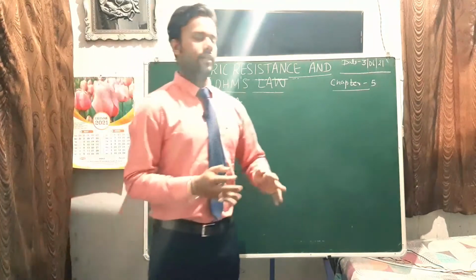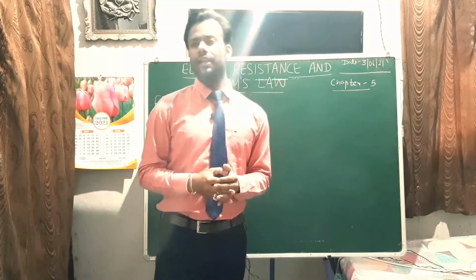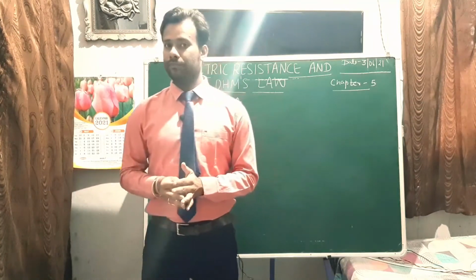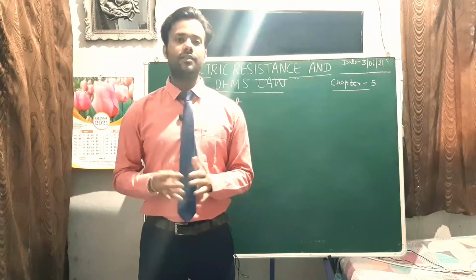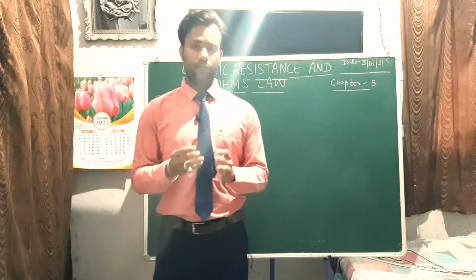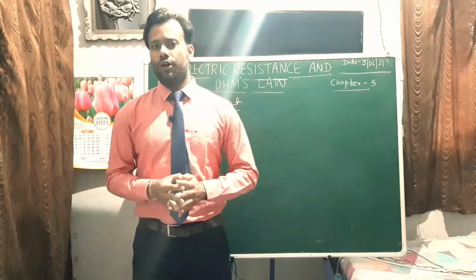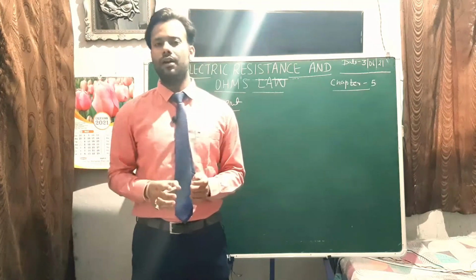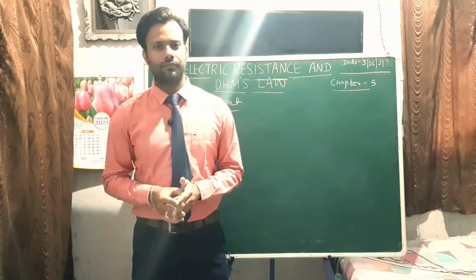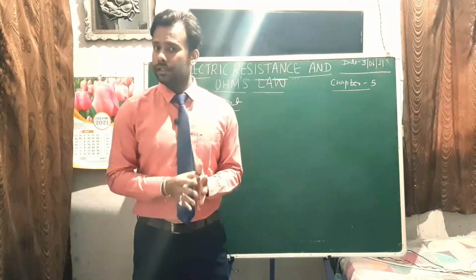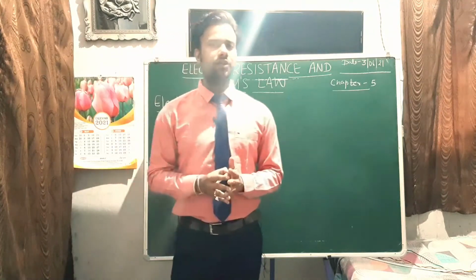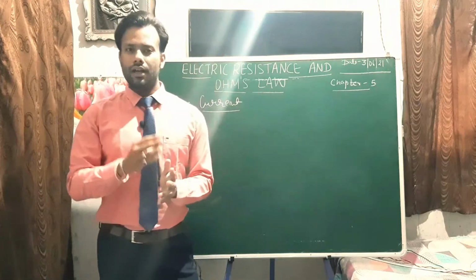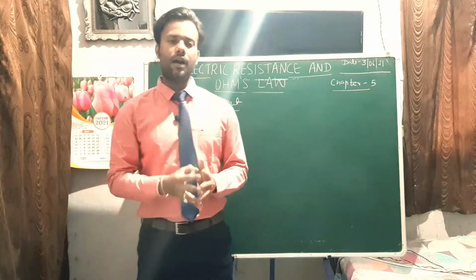See, electric current is basically, if we talk about the human body, then electric current is like blood. You know that in the human body, if blood doesn't go to a certain part, then that part becomes dead. Similarly, in an electrical circuit also, if in any part electric current doesn't flow, then that part will not work.